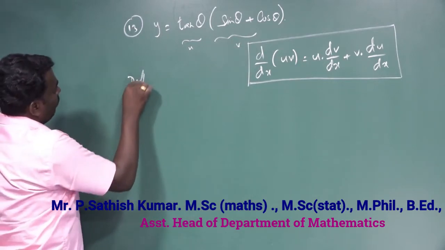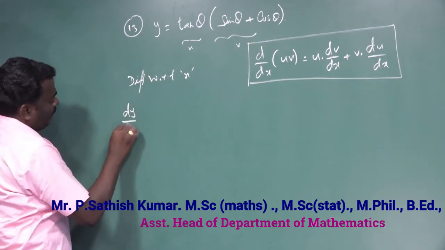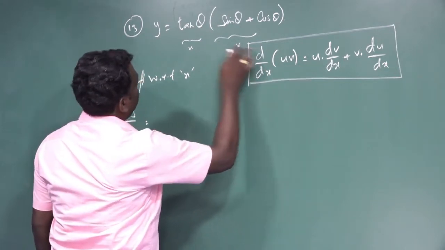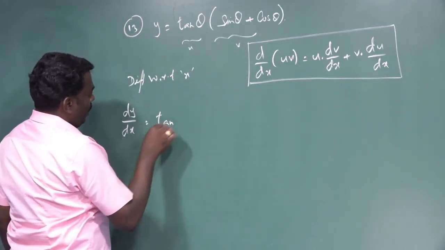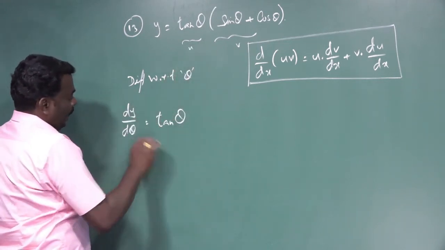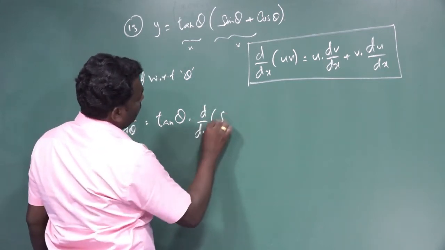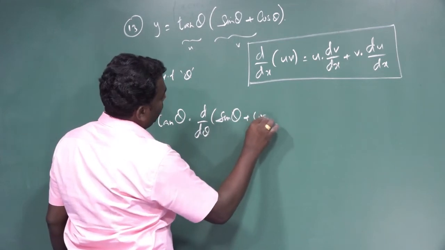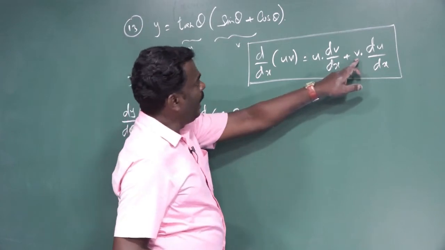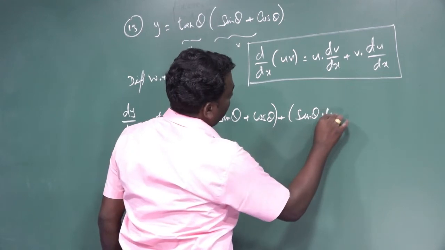Therefore, differentiating with respect to theta, dy/dθ is equal to: keep u, that is tan theta, as it is, and differentiate with respect to theta the expression sin theta plus cos theta within the bracket. Plus, keep v as it is.